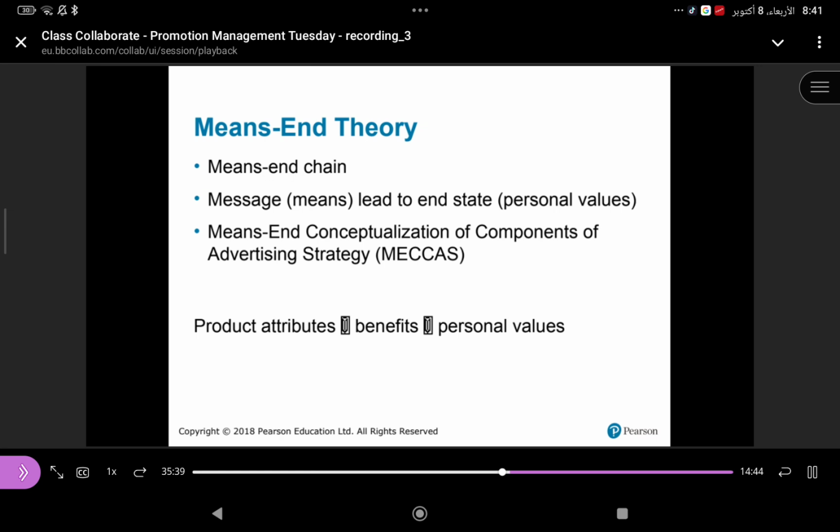So they should have a new means to the final objectives of the customers. So it will become means-end theory. There are some examples here. You can just read them down.